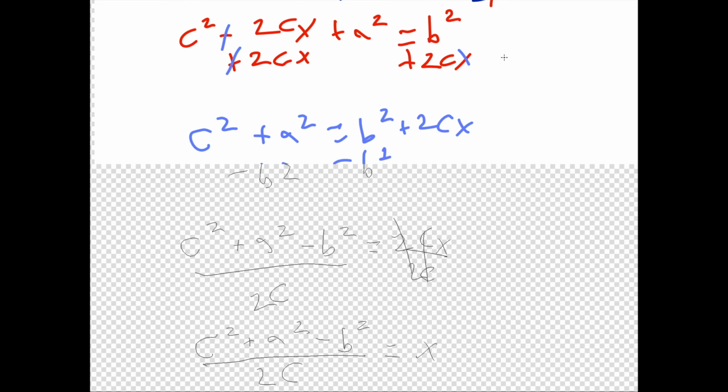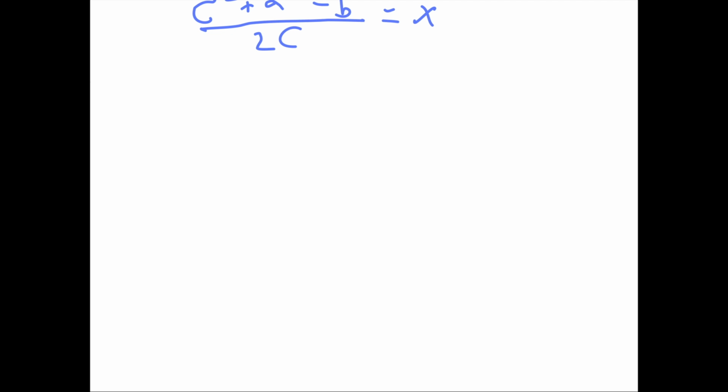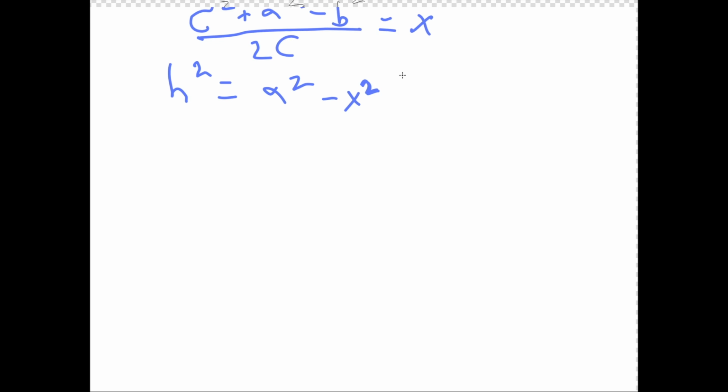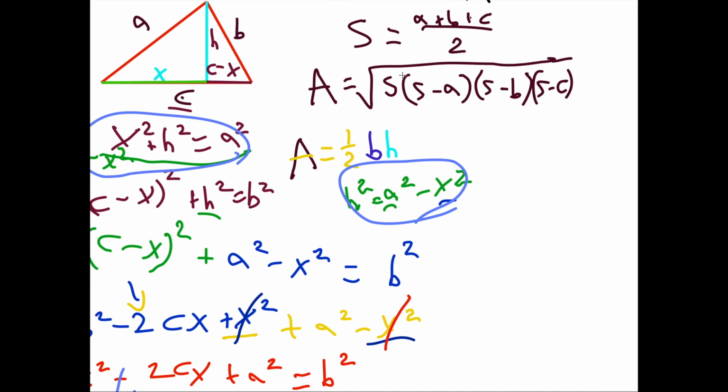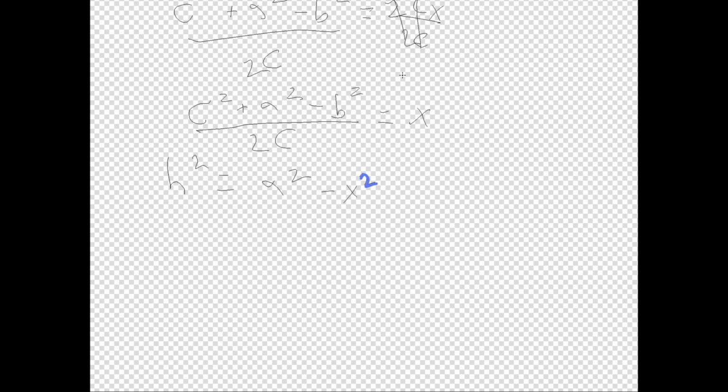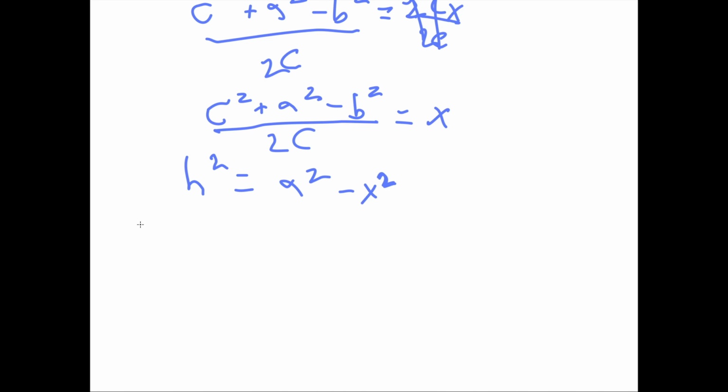The actual equation was h squared equals a squared minus x squared. Yep, h squared equals a squared minus x squared.